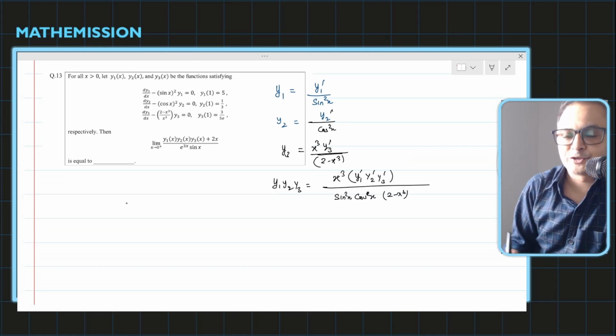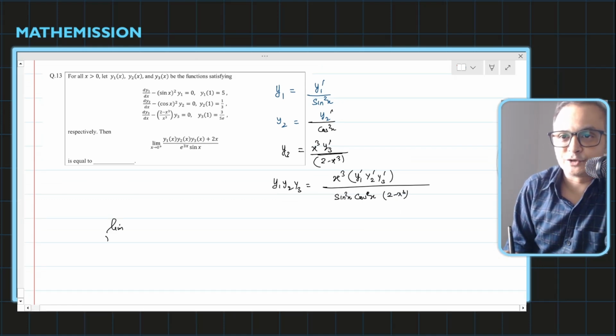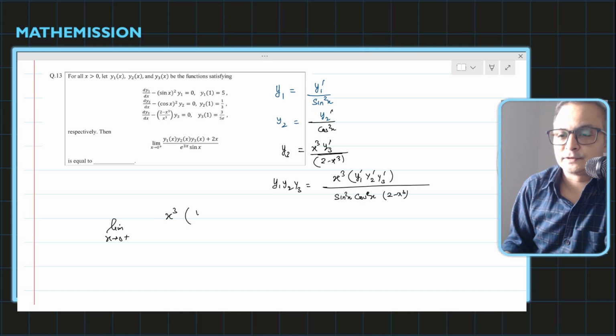And now I'm going to substitute it there. So limit x tends to 0 plus, and this is going to be the product of all these 3. So this is x cubed, and this is y1 dash, y2 dash, y3 dash divided by sin square x, cos square x into 2 minus x to the power 3.